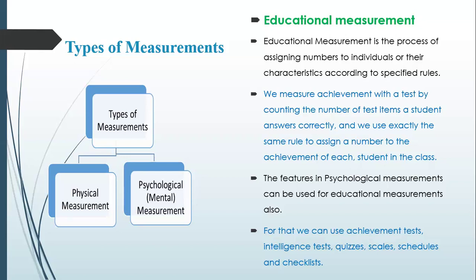So within our measurements, we have to measure the students' skills in all 3 domains. So our types of measurement should touch all 3 domains using physical measurements and psychological measurements.